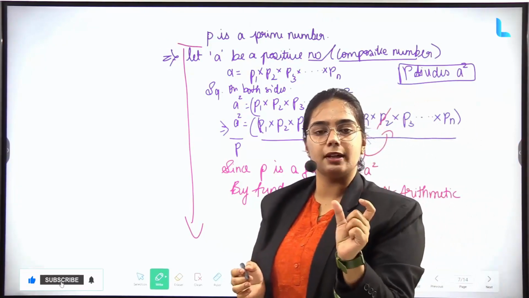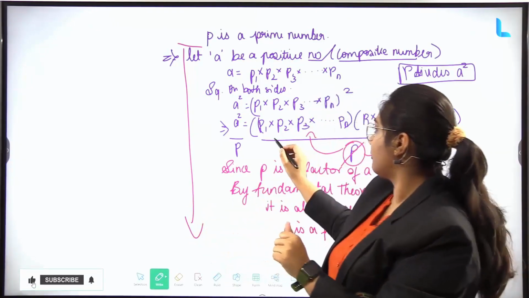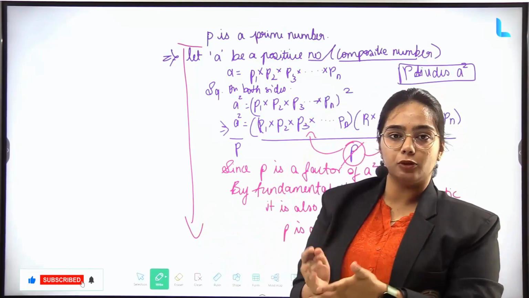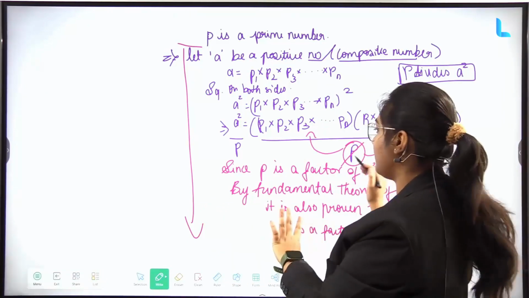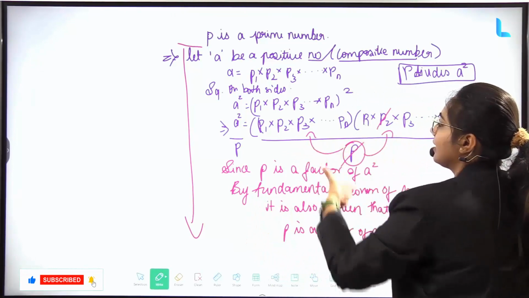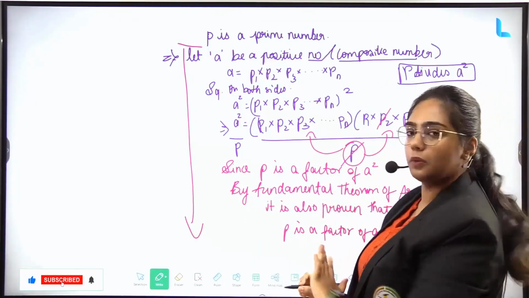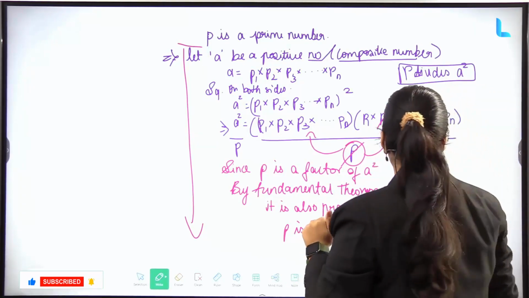The only thing is a composite number can be represented in the form of a product of primes, where we'll consider P1, P2, P3 as primes. Since this P is a factor of these numbers, it can also be a factor of A. That is what we are trying to tell, and that is what we have written in a statement form.